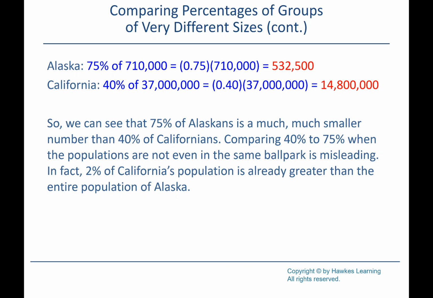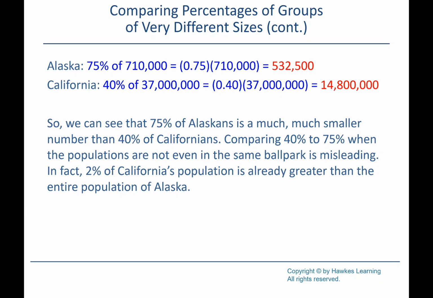And then this is a little bit mind-blowing: just 2% of California's population would be more people than are in Alaska. Something to think about. If you have groups of really different sizes, you have to be careful with percentages. They can be misleading.